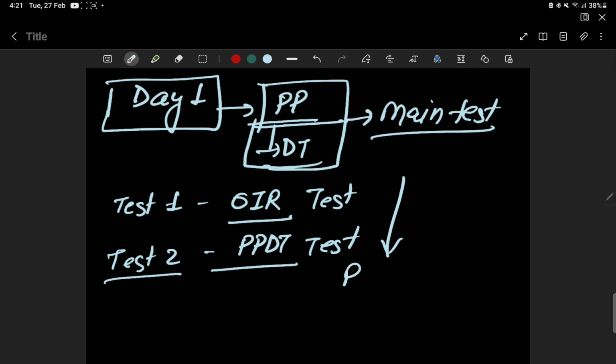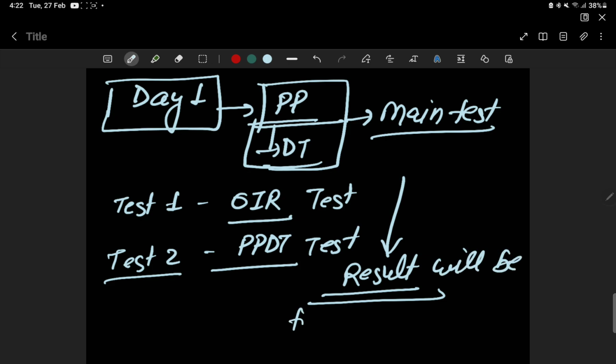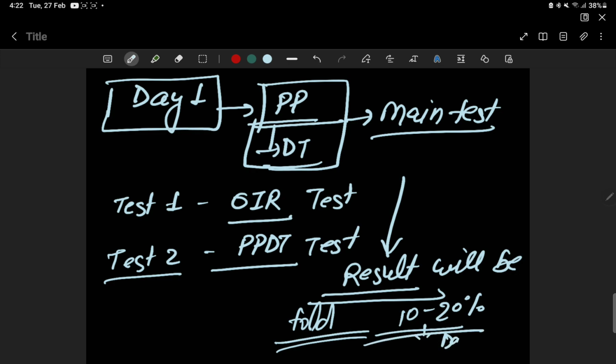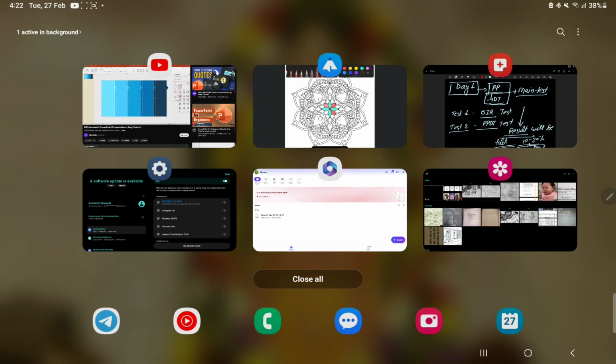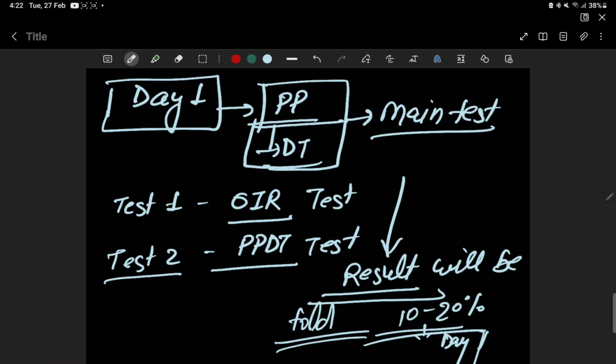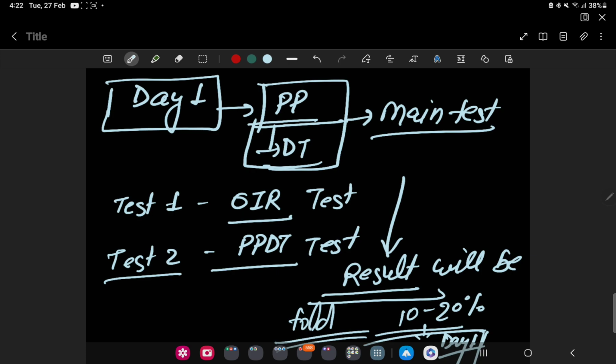After this your result will be told to you, and around 10 to 20% of people will get screened in on day 1. They will be known as the stage 2 candidates.